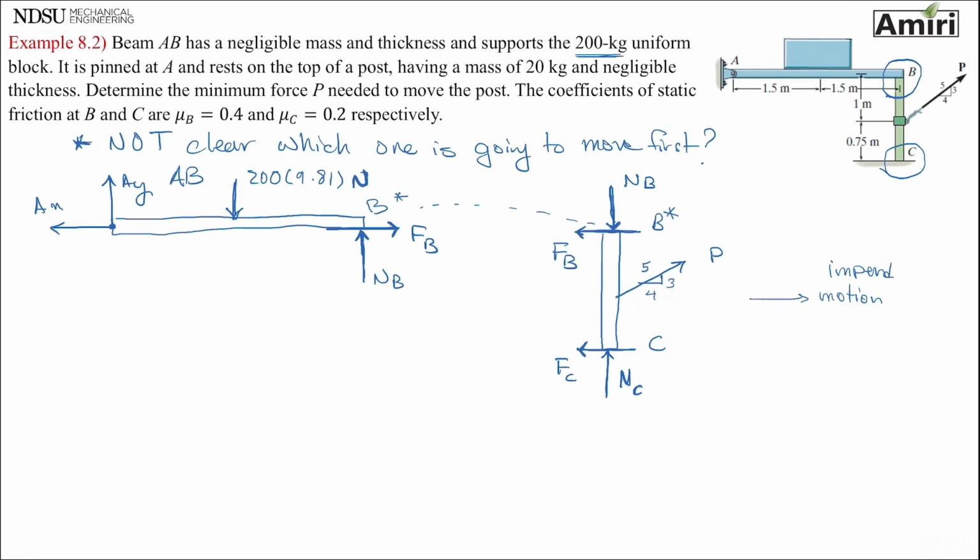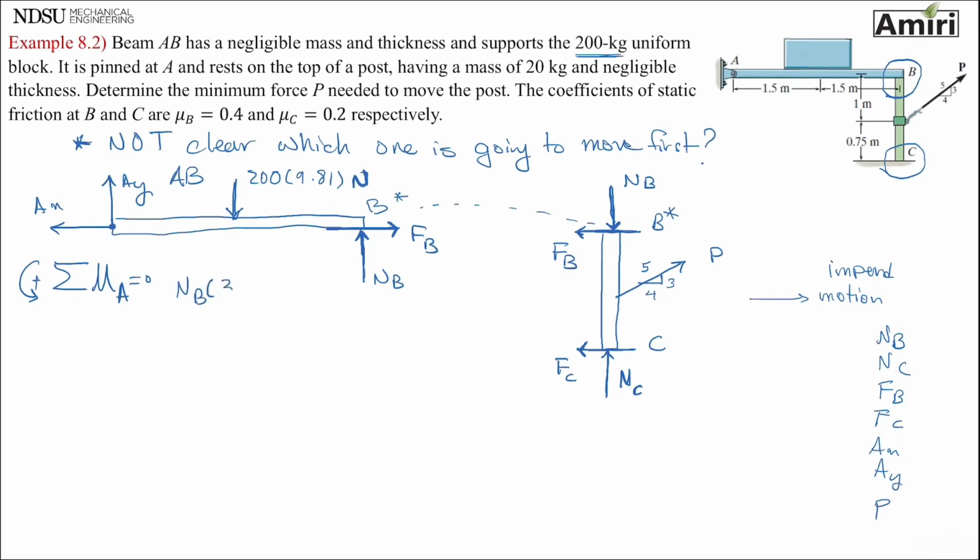All right, I have way too many unknowns. Let me write them down. I have NB, NC, FB, FC, AX, AY, P. 1, 2, 3, 4, 5, 6, 7 unknowns. It's actually too much. So let's just start with our equations. Summation of moments about A being 0. Again, I'm going through these really fast.